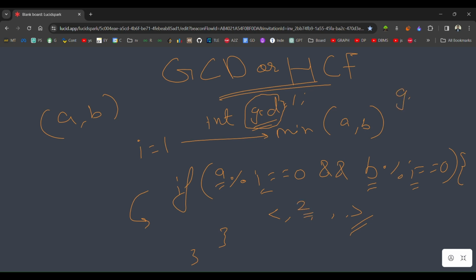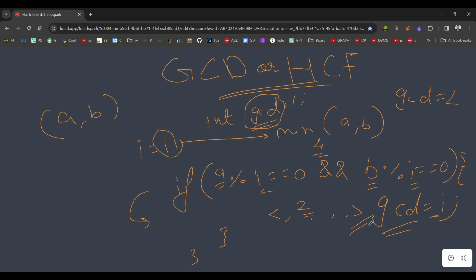So GCD will be overridden to 2, and let's say in future hypothetically 4. So you will be writing GCD equals I. That means previously it was 2, but right now it's 4. So ultimately GCD will be storing the maximum common divisor, right?